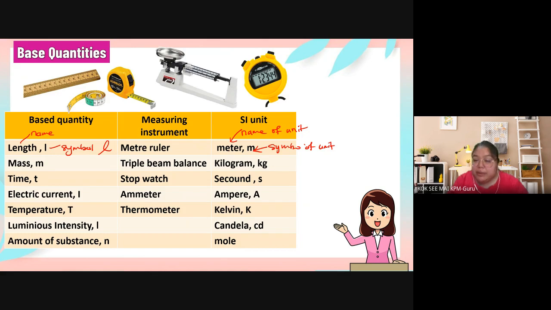The SI unit is meter, with the unit symbol M. Sometimes the alphabet is not enough, so sometimes the symbol is M and the unit is also M, but they are different things.